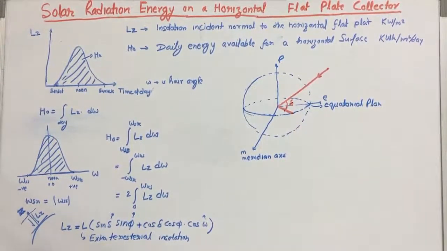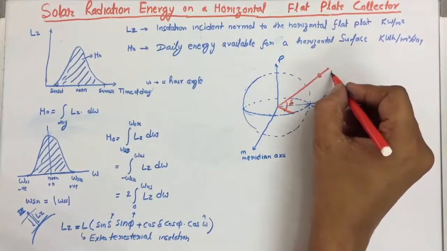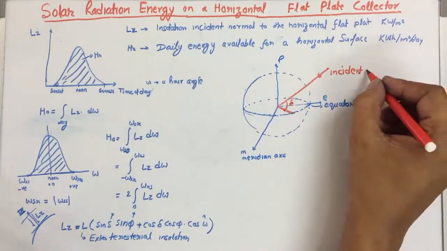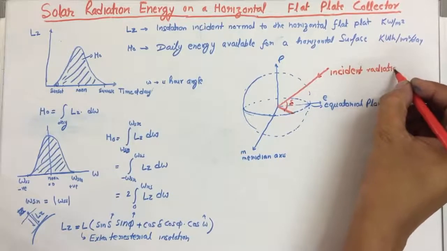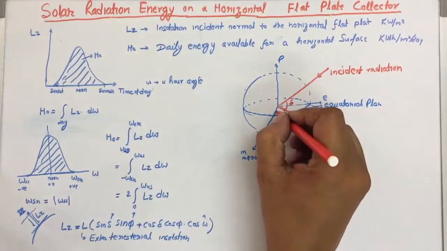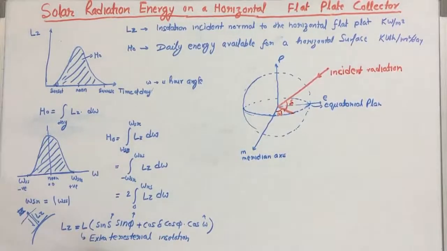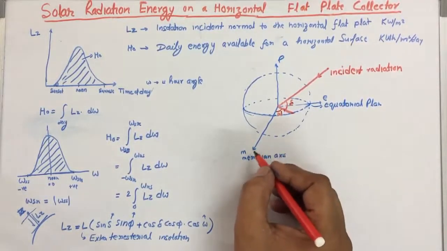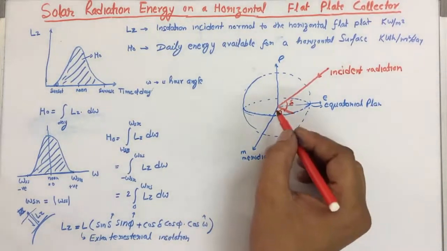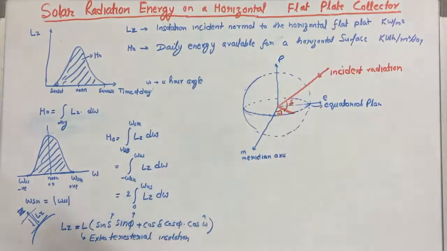Hopefully it is okay. And this is our incident radiation, and this angle is our hour angle, that is measured from the meridian axis. So you can say W is this angle, and this is our declination angle.